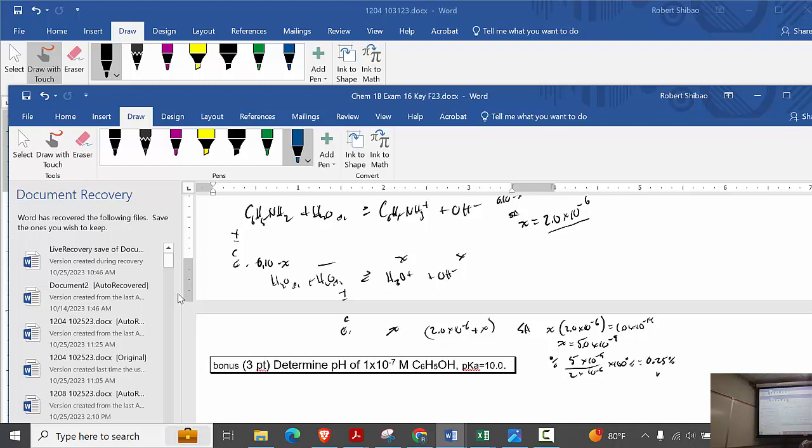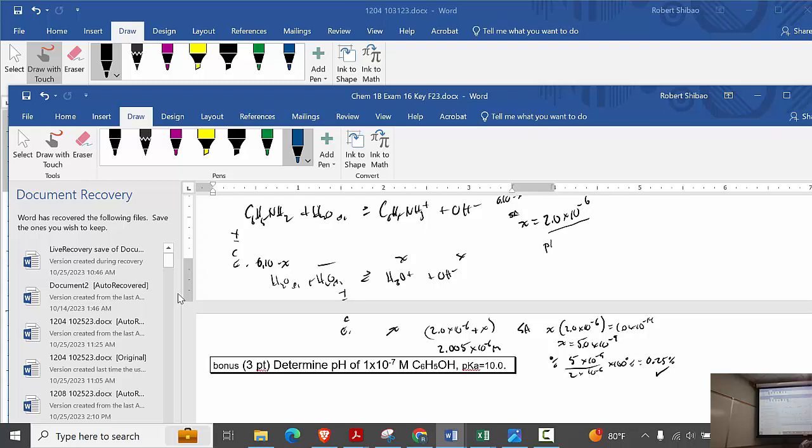And so the SA is okay for this step. And so when we do that, we're going to get down here 2.005 times 10 to the minus 6 molar hydroxide.